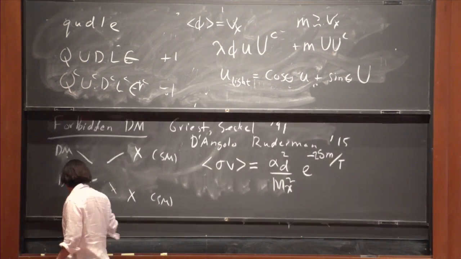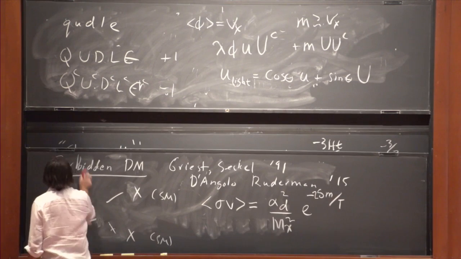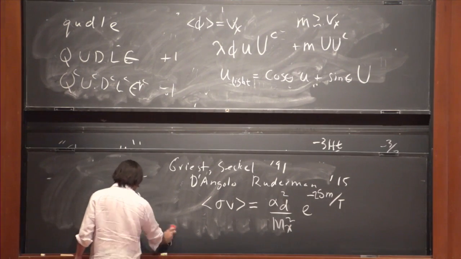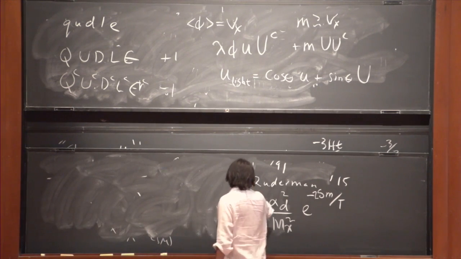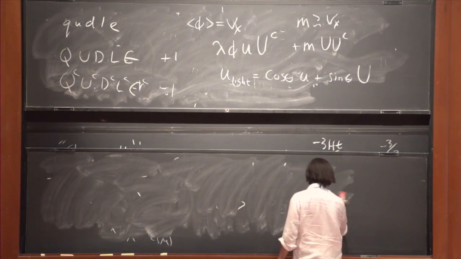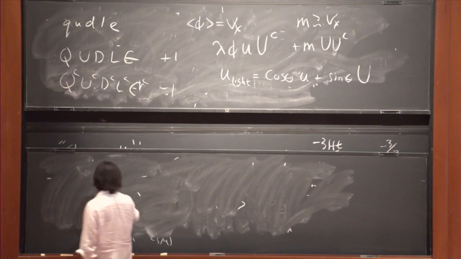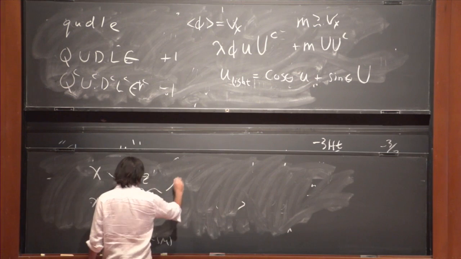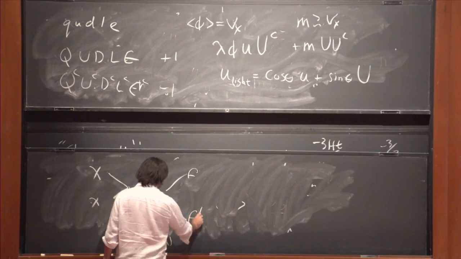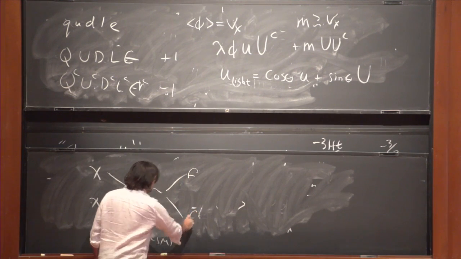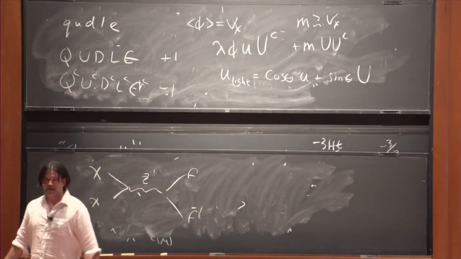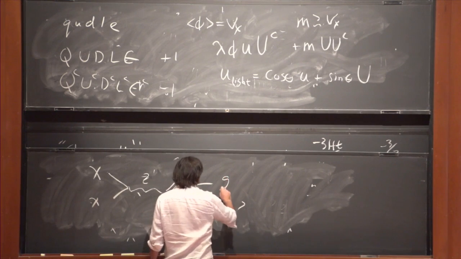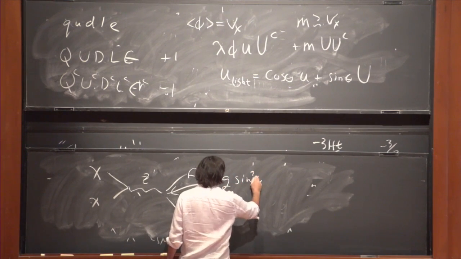dark matter then annihilates to these things. So dark matter can go through this Z prime into standard model fermions at a low energy scale, where this coupling constant here is just g sine squared theta.